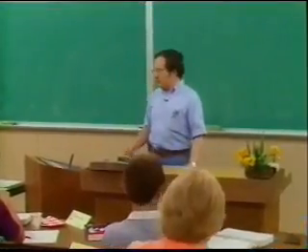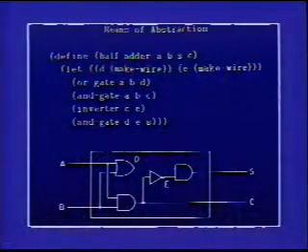And so, for example, here I have a half adder. It's something you all know if you've done any digital design. It's used for adding numbers together on A and B and putting out a sum and a carry. And in fact, the wiring diagram is exactly what I told you.